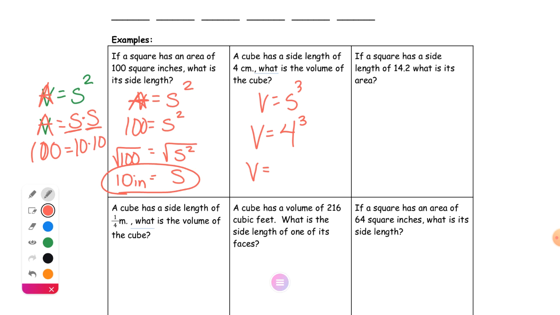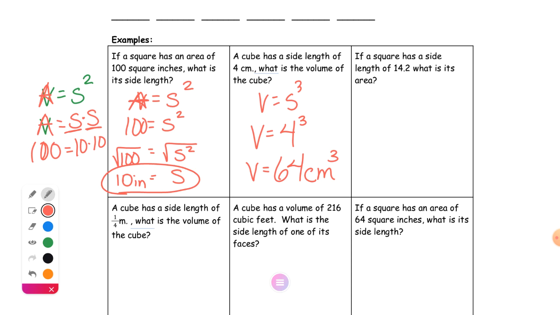What's 4 times 4 times 4, Alex? 64. What's my unit? Centimeters. Cubed because it's a volume. Okay, the ones where it's just straightforward, those are easier. Ones where you got to work backwards make us think a little more.